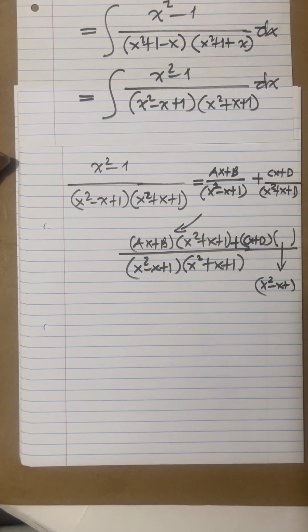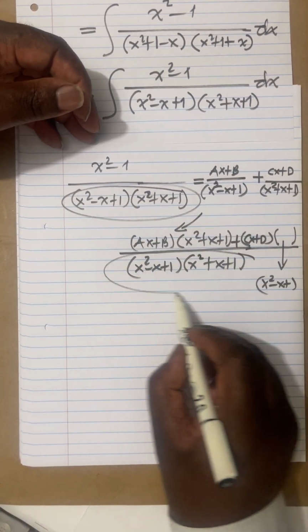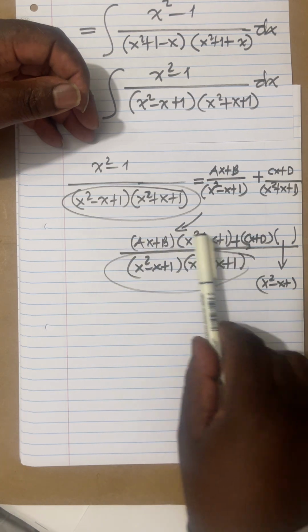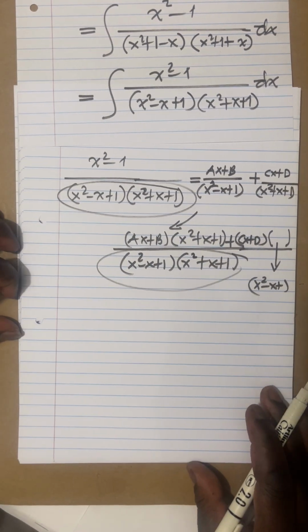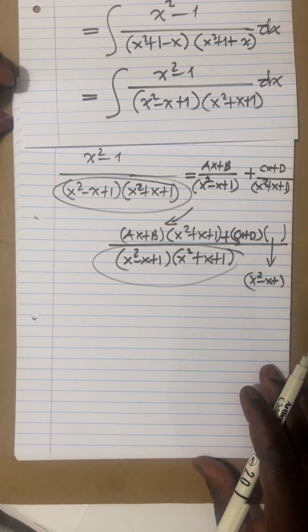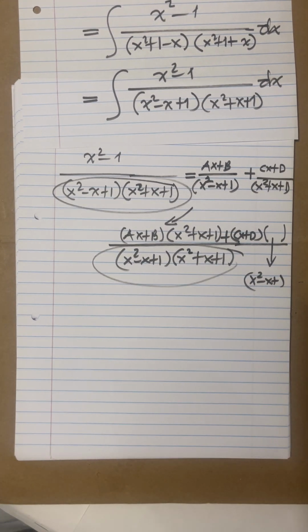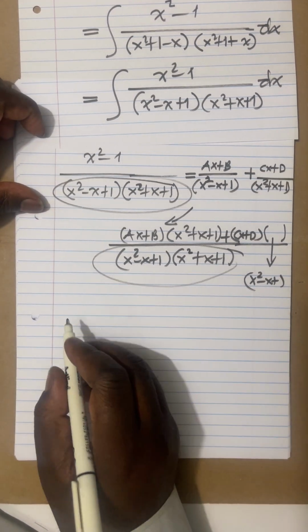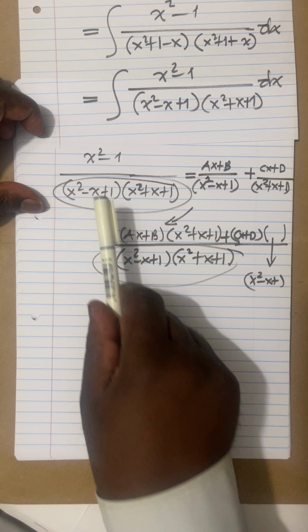Right, so now the denominator here is the same as the denominator there. It means I can equate numerators. So x squared minus 1 must be equal to this expression here. Let me stretch it over here. Please don't give up. You see how the solution comes out. The solution will be very nice. So now what we have is, I told you, the denominators are the same, so we're going to equate the numerators.